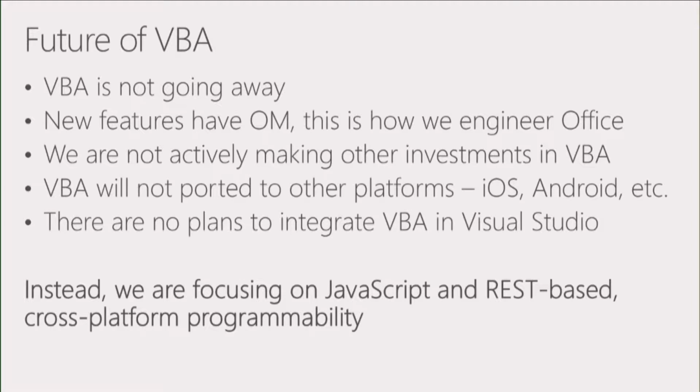So you're not going to see VBA code running on iOS or running on the WAC. We also have no plans to integrate it with Visual Studio. And like I mentioned before, and the focus of this talk, is we are focusing on exposing JavaScript and REST-based APIs for cross-platform programmability.